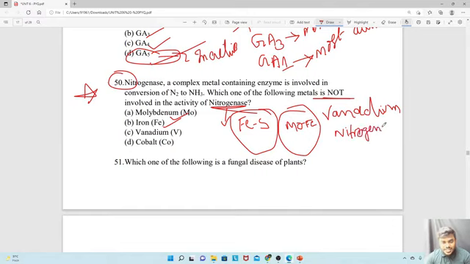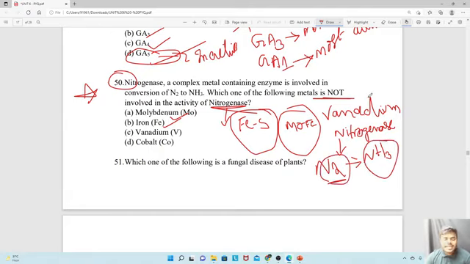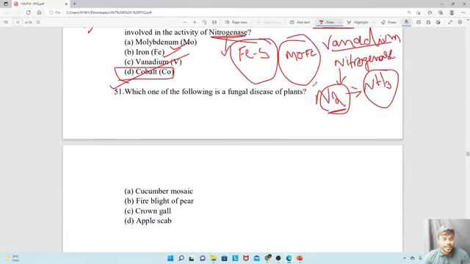Vanadium nitrogenase is the enzyme which is involved in the conversion of N2 to NH3 industrially. There is a specific enzyme, we call it vanadium nitrogenase enzyme. So here the answer will be cobalt. We don't use cobalt. Very, very simple point. Okay.